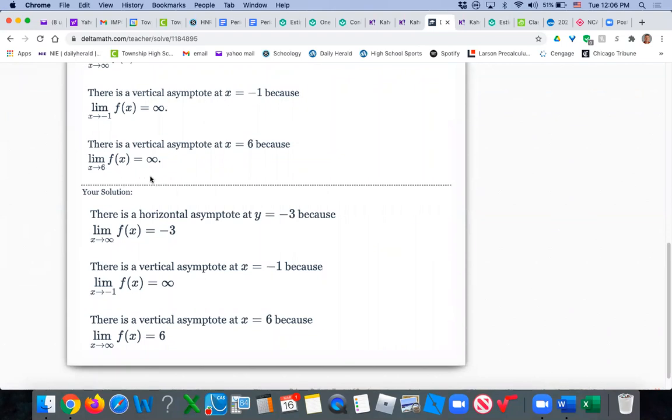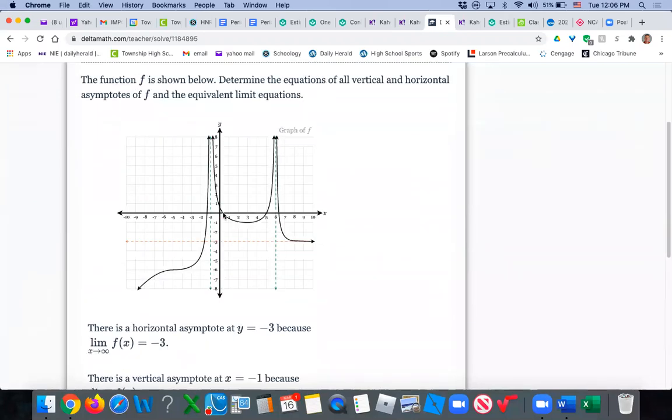I think I might have said it wrong, but I'm sorry, guys. I messed this one up, of course. As x goes to 6, f of x goes to infinity. They both continue to go up towards positive infinity. Okay? Sorry, I messed that one up. Do you guys have any questions for me?